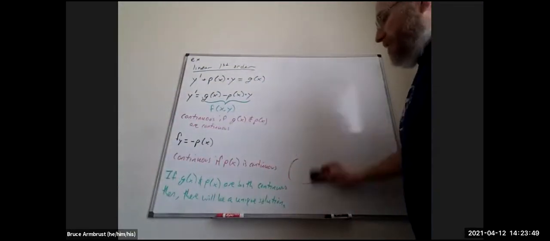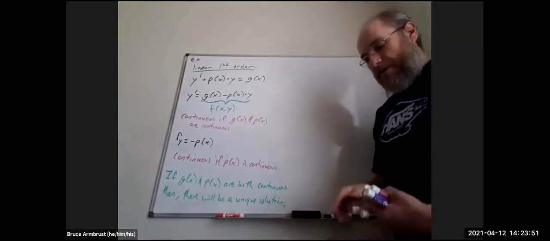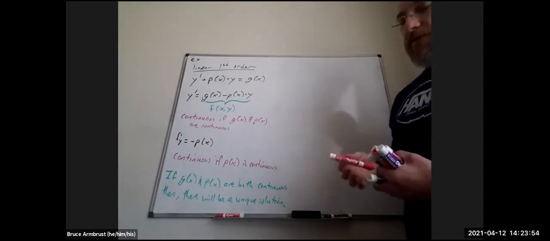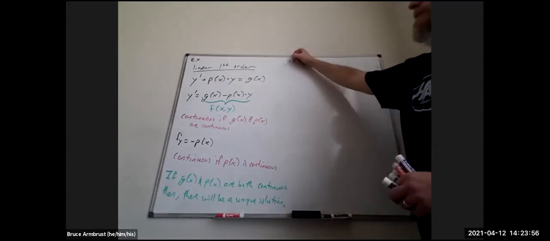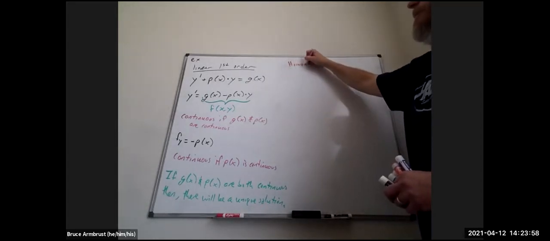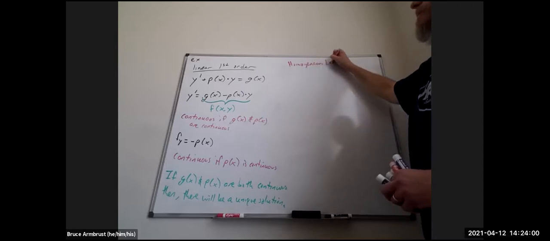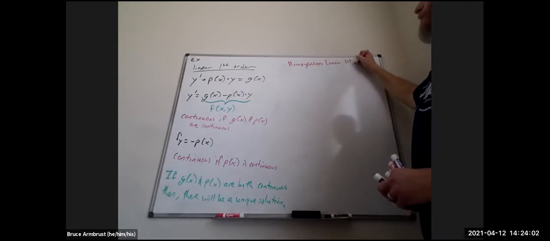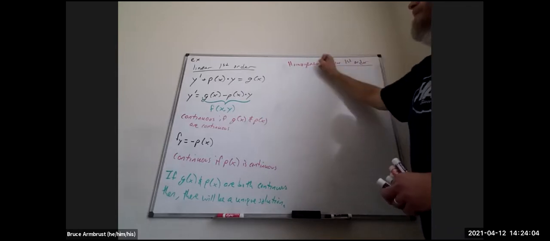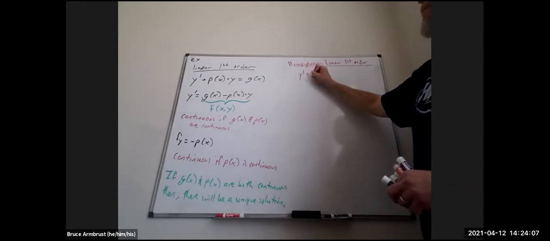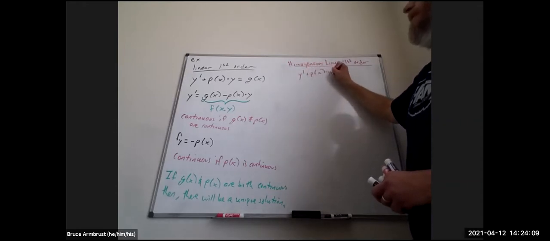So homogeneous are even better. Because if we're talking about homogeneous linear first order, that of course changes this to y prime plus p of x times y equals 0.